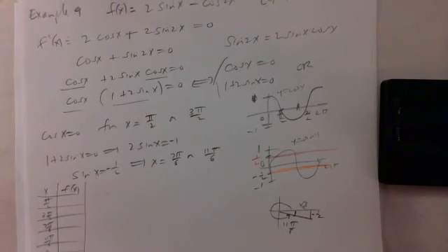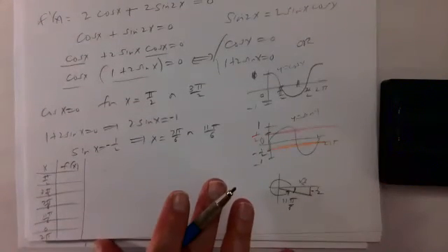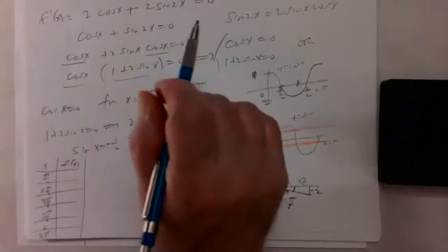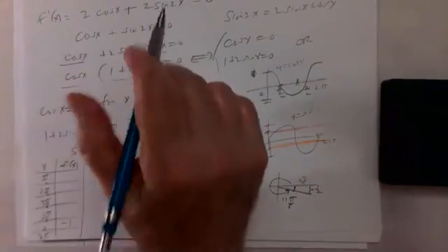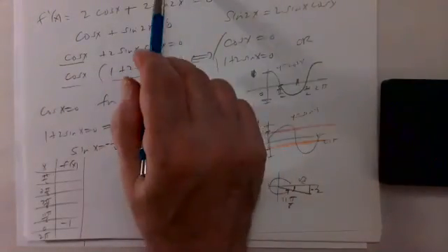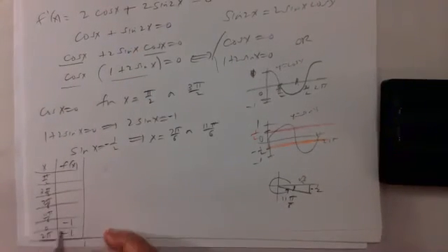So I need to compute 6 values. Let's see. When x is 0, it's easy. You get 0 minus 1. When x is 2 pi, you get 0 minus 1.